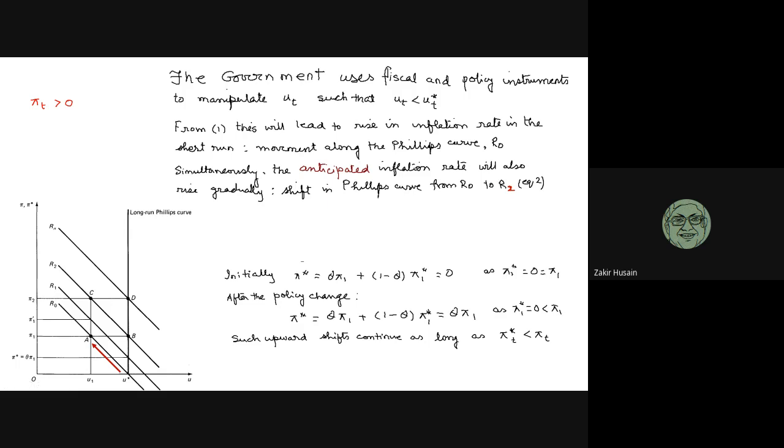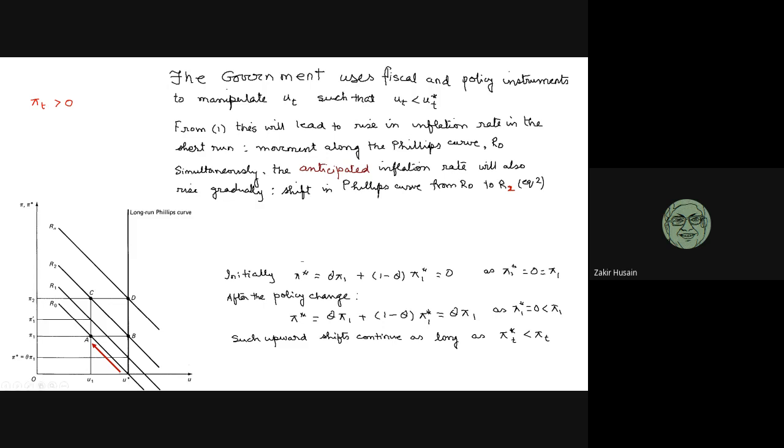Once the government introduces the policies reducing unemployment, U star is going to fall to U1, but this has a cost. Inflation will go up from 0 to pi 1. The rate of inflation changes from 0 to pi 1. Right.